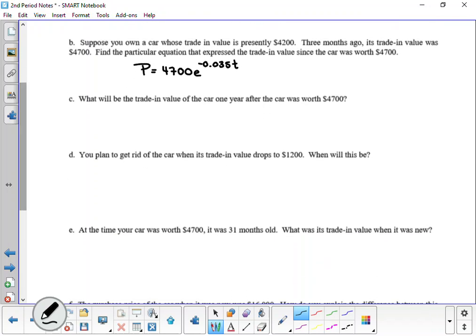What'd you get for C? What'd you say? Wait, no, that's not what I got. I got 2,994. They store the value for negative 0.035. Some people stored, some people just did negative 0.035.